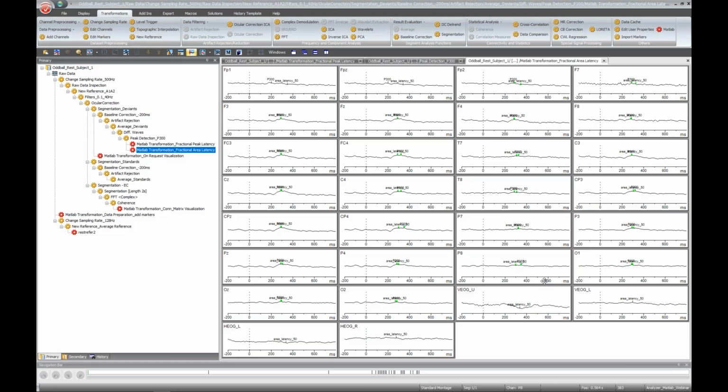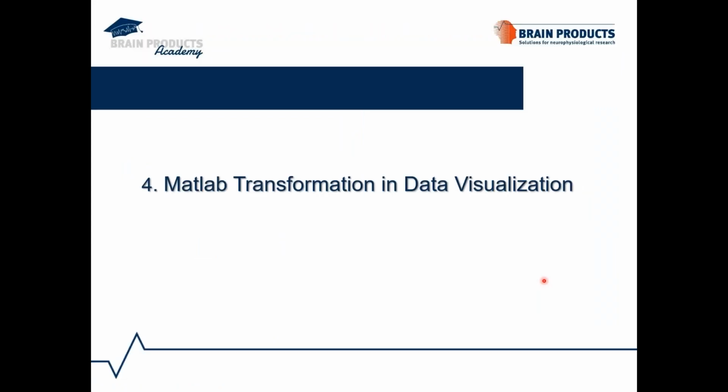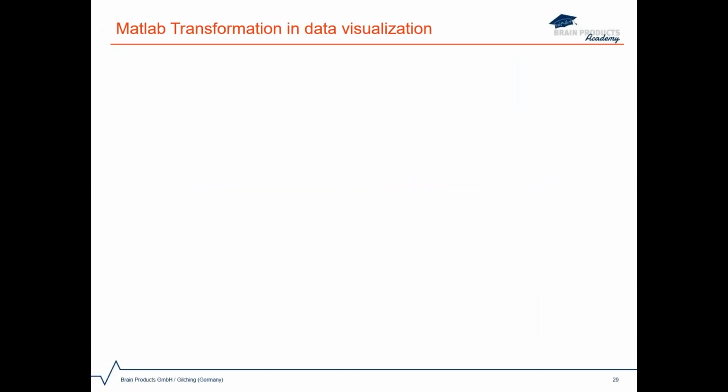So now let's move on to the next section. Now we are going to see how we can create additional views in Analyzer. Analyzer offers a variety of views to display your data with a single mouse click.